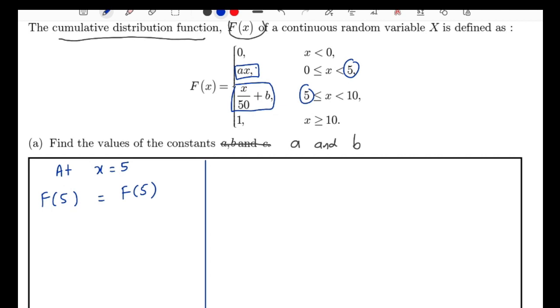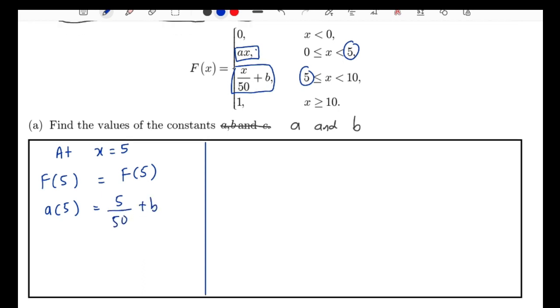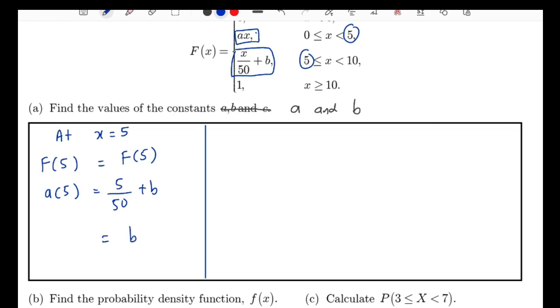But then we need to substitute x equal to 5. So we get 5a equal to 5 over 50 plus b. So one of the equations is b equal to 5a minus 1 over 10.